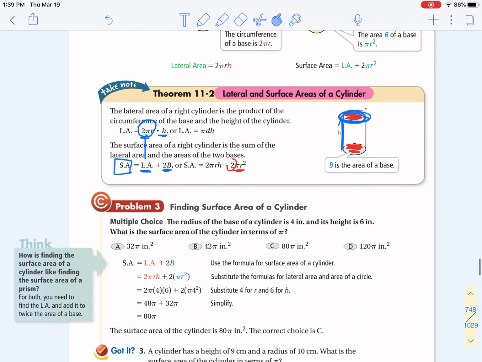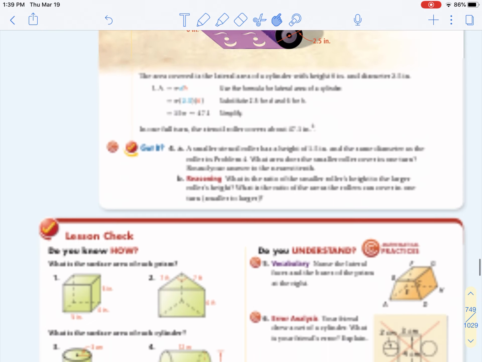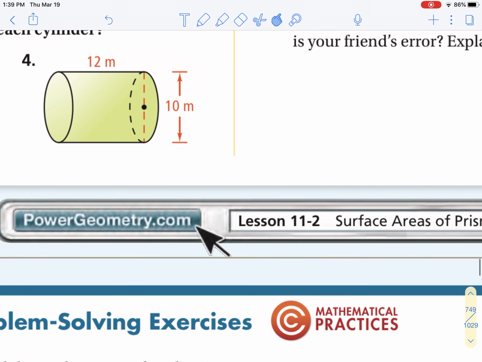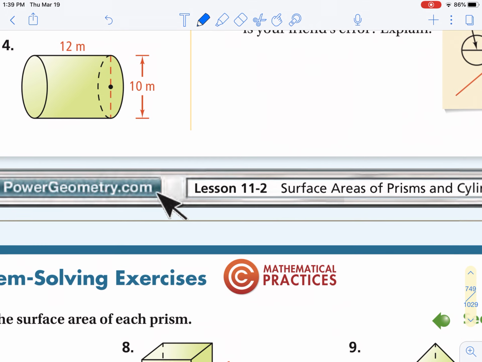Let's see. Can I find an example for you? How about number 4? Number 4 says, find the surface area. Well, let's take a look. What's the first step? That's right. We're going to write the formula.